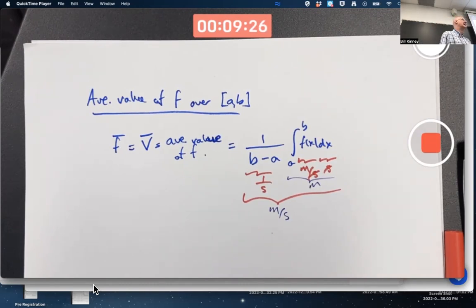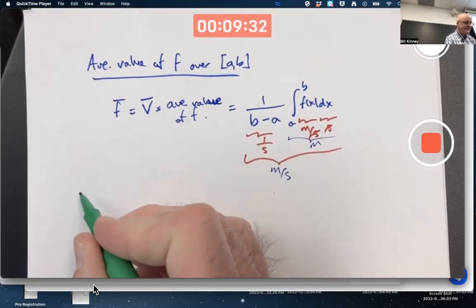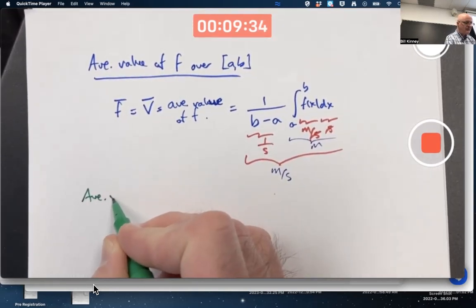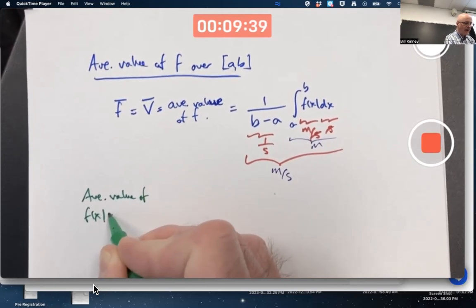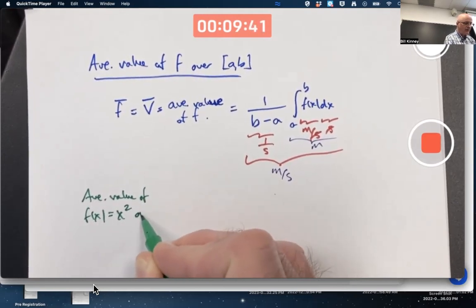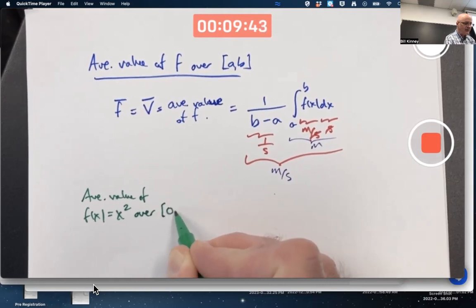So as far as computing average value, it's very easy. You just use this formula. So for example, what is the average value of f of x equals, say, x squared over the interval from, let's say, 0 to 3?